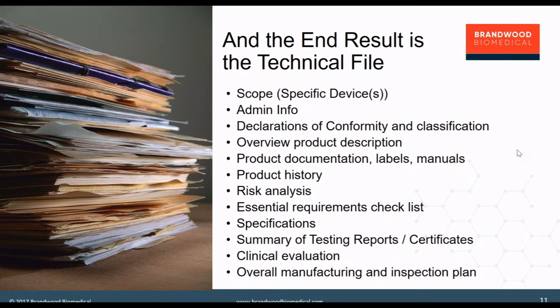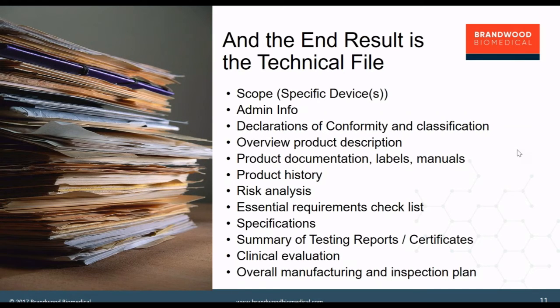There should be a scope, so what device is actually covered by the technical file, a range of administrative information about the product itself, all those declarations of conformity and classification pathways, regulatory routes which have been selected in the specific market, overview product description.